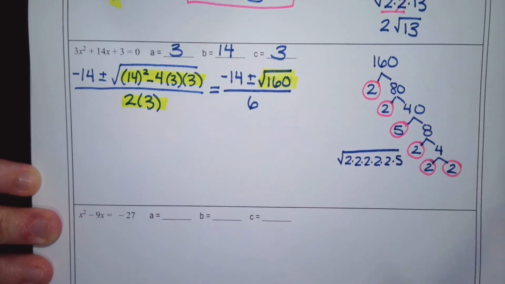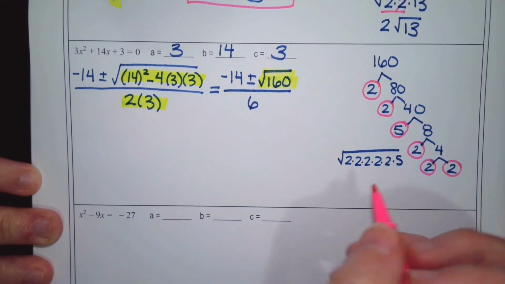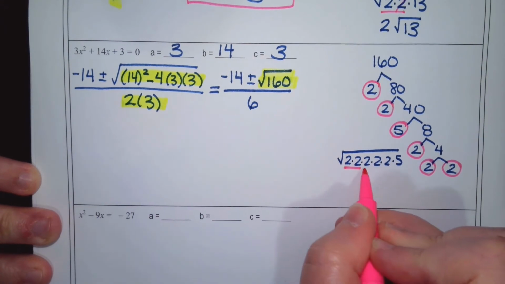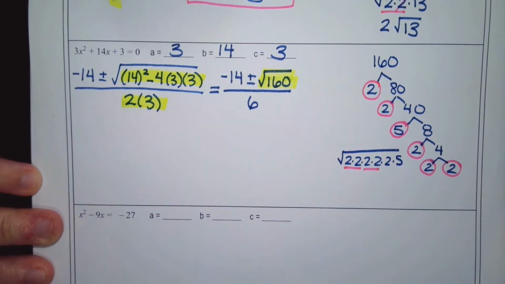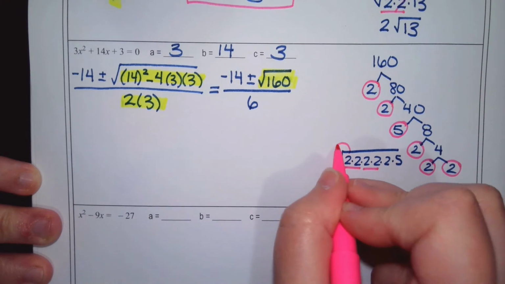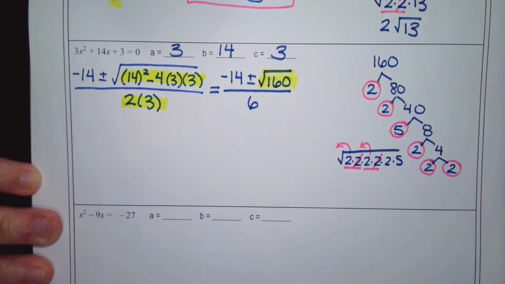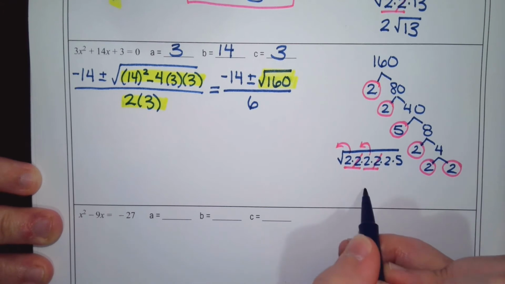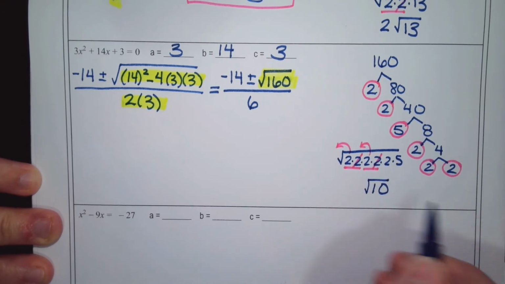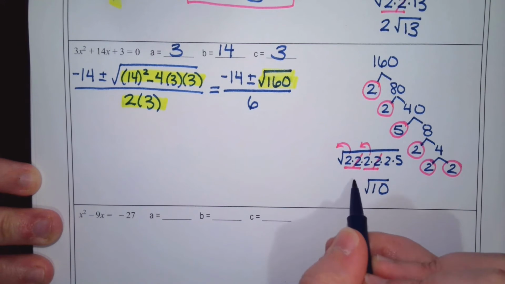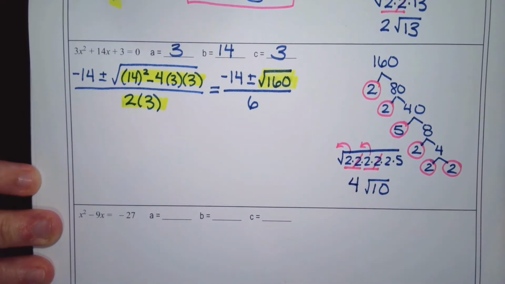And a stray 5. We have one pair of 2s and a second pair of 2s. Keep 1, chuck 1, keep 1, chuck 1. So left inside is going to be root 10, and coming out front, 2 times 2 is 4.